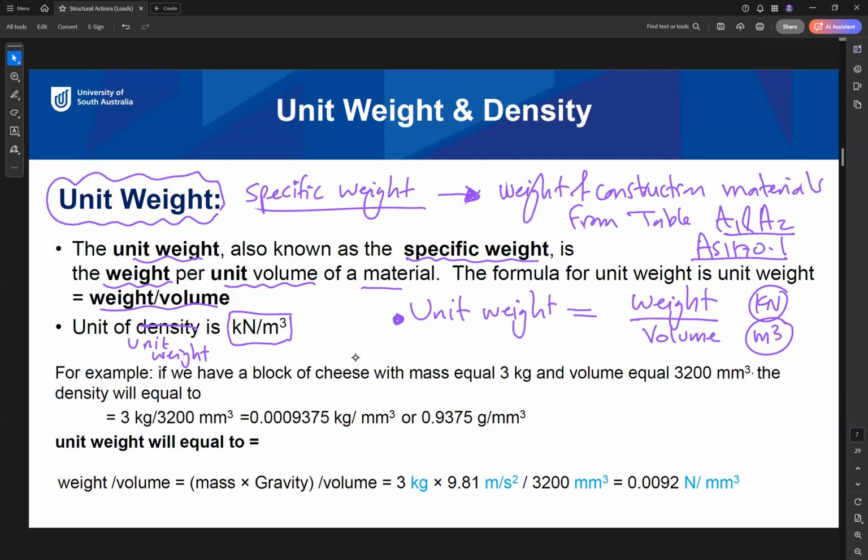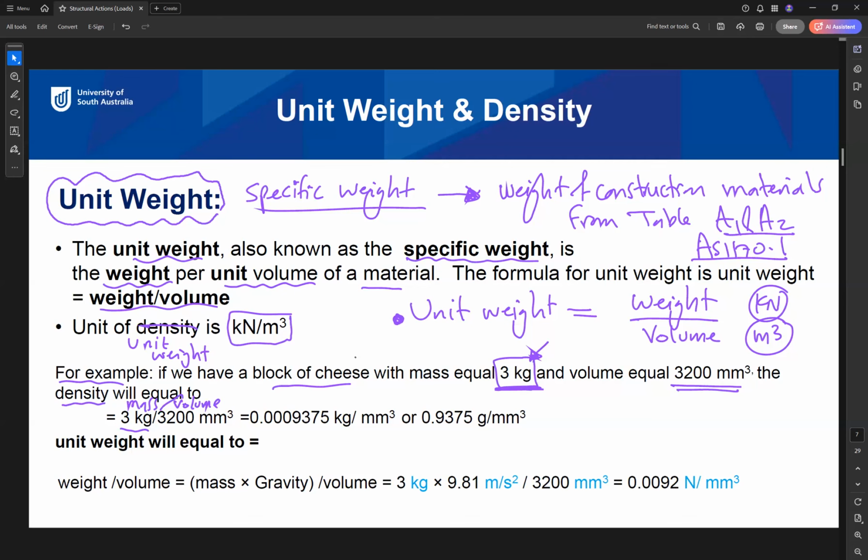Okay. For example, if we have a block of cheese whose mass equals 3 kilogram and the volume is 3200 millimeter cubed, the density, because here it is given as kilogram, so kilogram is mass, will be 3 kilogram, the mass, divided by the volume.